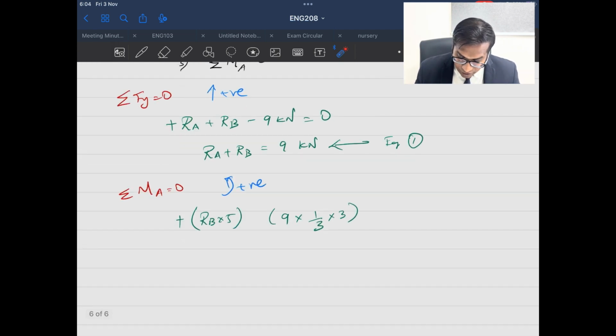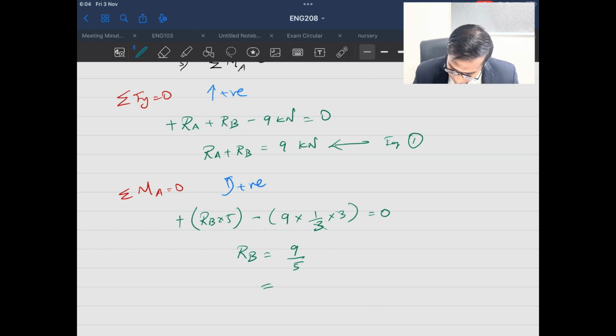I consider only anti-clockwise as positive, so I give a negative sign here. So finally this will be equal to 0. So RB is equal to 9/5, which gets cancelled. This is how we solve for it. So the answer is 1.8 kilonewton for RB.